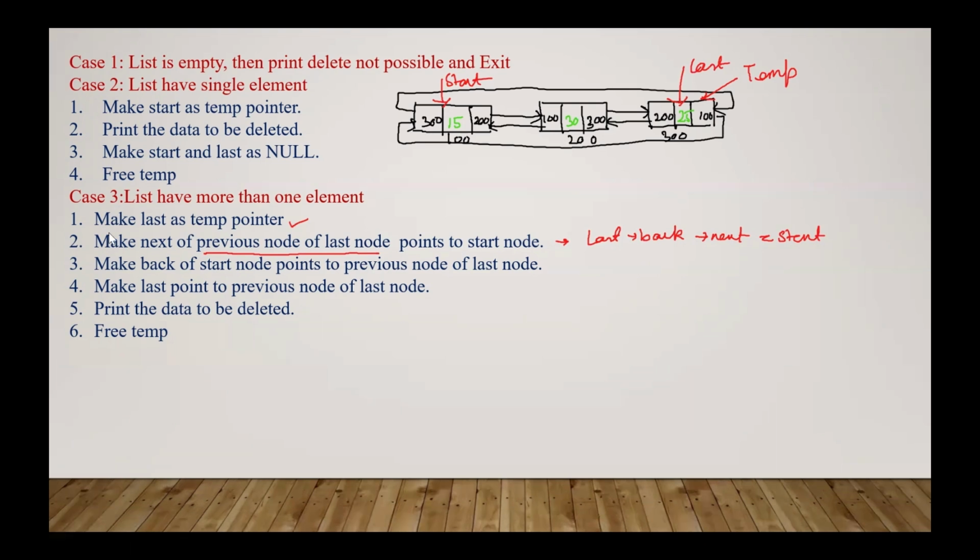Right now, what happened? If we remove this one, then this connection is also gone. Then what do we have to store? We have to store in last back's next the start value. What is the start value? 100. If we store 100, it means now it points to this node.